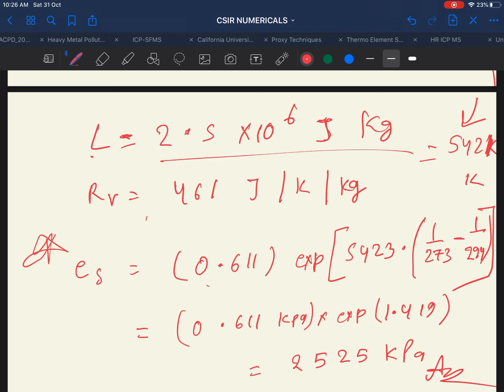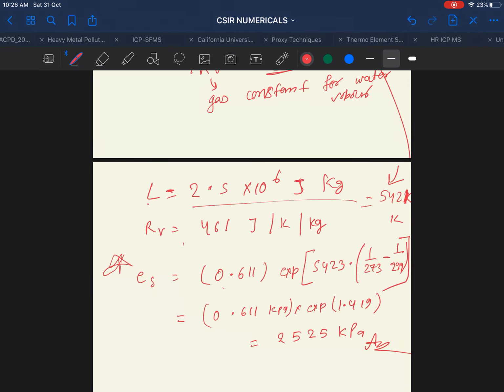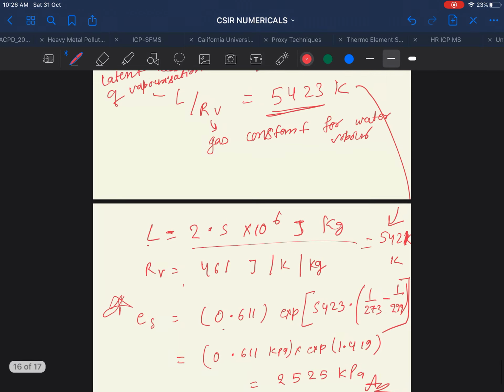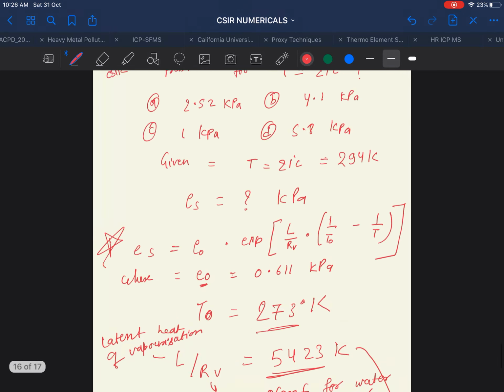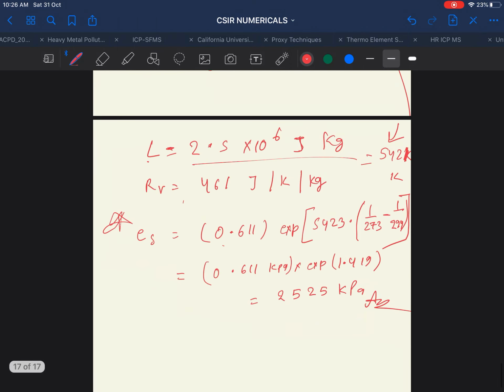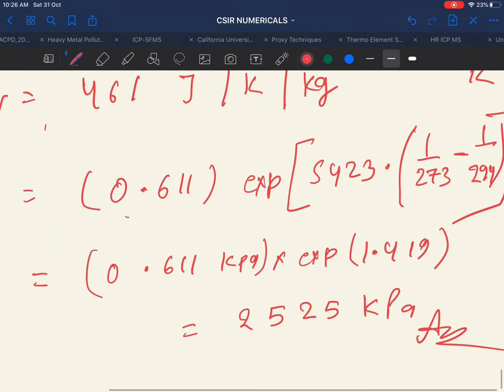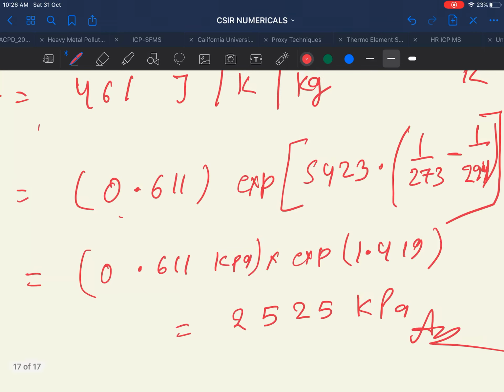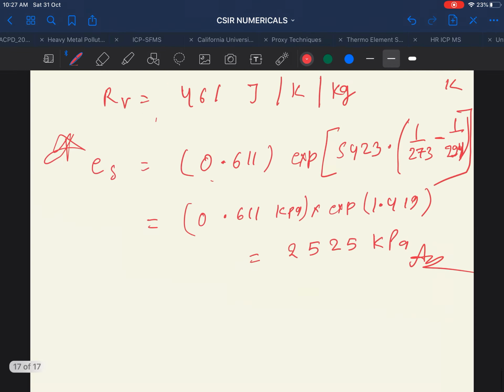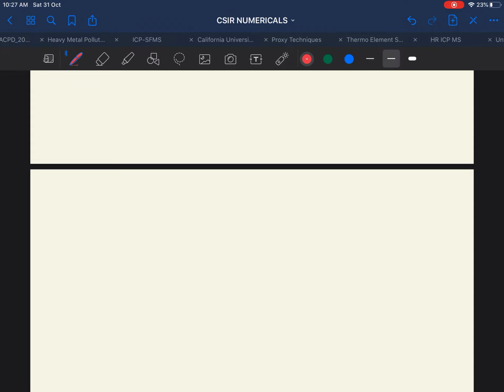This is the answer. Okay, so it's very easy, right? It's really easy. Okay, here it's 294, 273 minus 294. When you solve this, you will get the value. So okay, now next question.